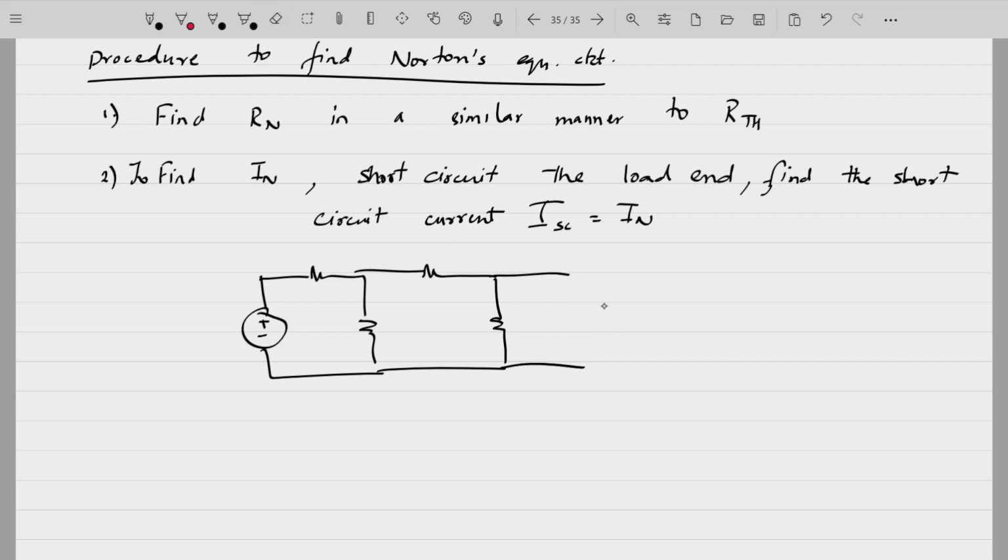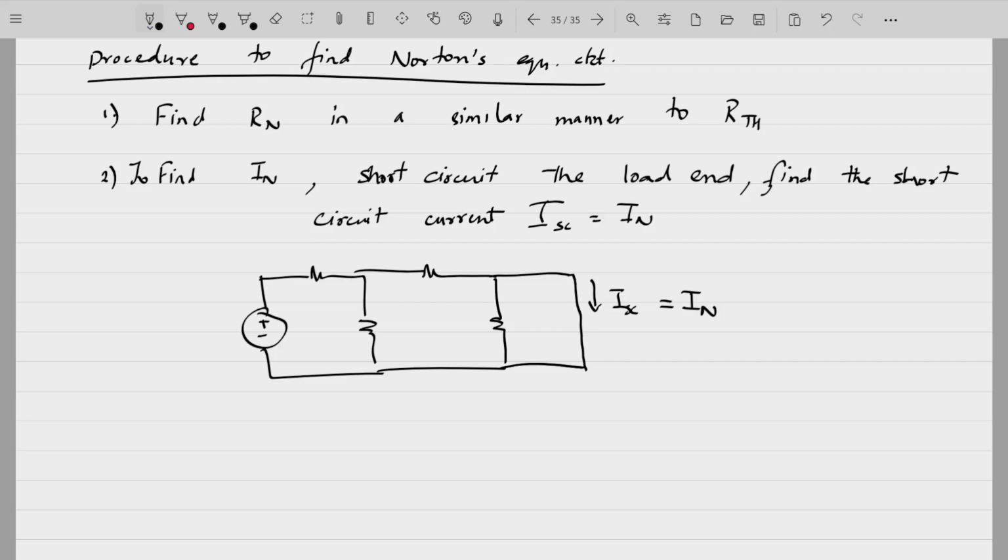You have to replace this load resistance by a short circuit now, not by an open circuit. Whatever is the current flowing through here, that is the short circuit current, that will be your Norton's current IN. So this is how you find the Norton's equivalent circuit.